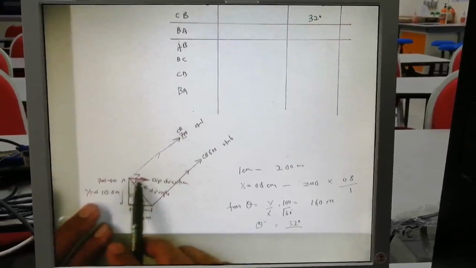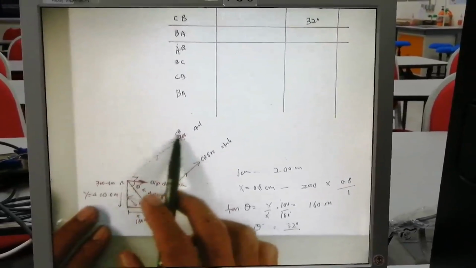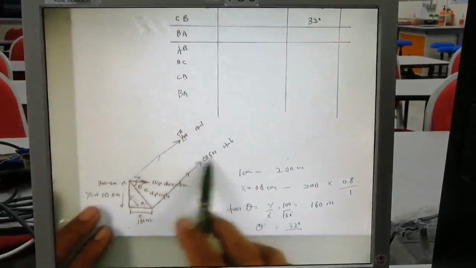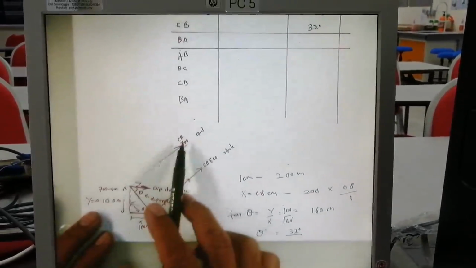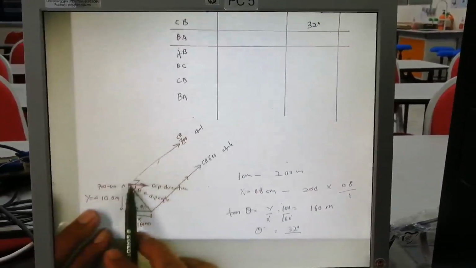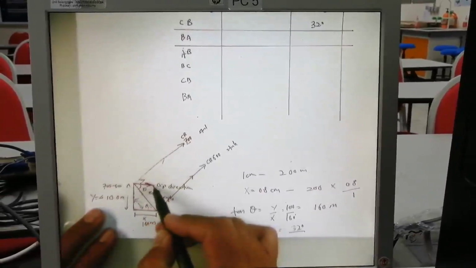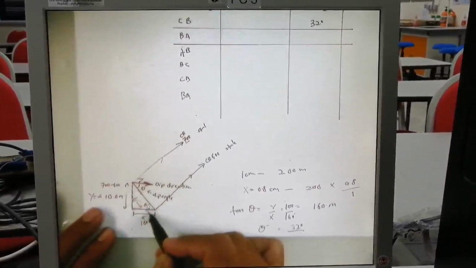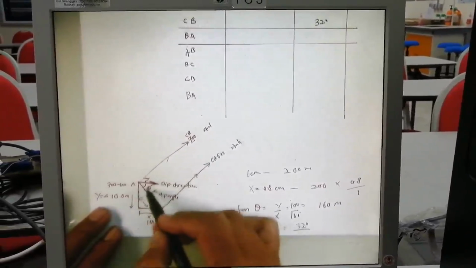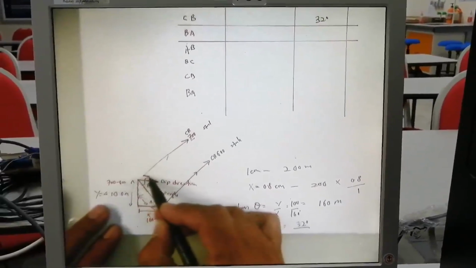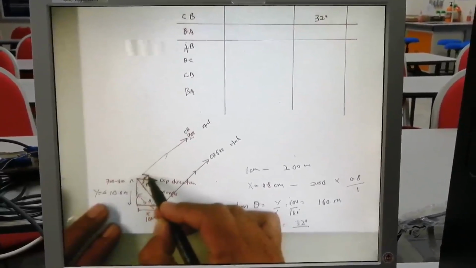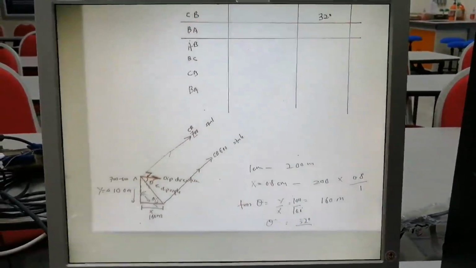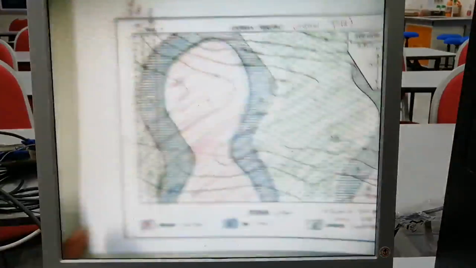We measure the dip direction from the highest to the lowest. So the pointing is from the highest to the lowest, not like this, but in this way. It must be perpendicular to this straight line.